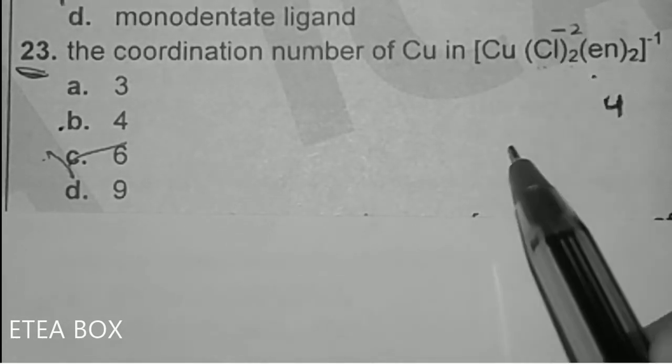The coordination number of copper: now look here, we have to find the coordination number of copper in this complex. We know that ethylene diamine is bidentate, and here ethylene diamine is 2, which means that it will give 4 lone pairs. Now chlorine has donated 1 electron, which means that chlorine is monodentate.